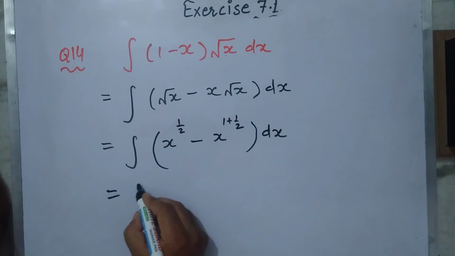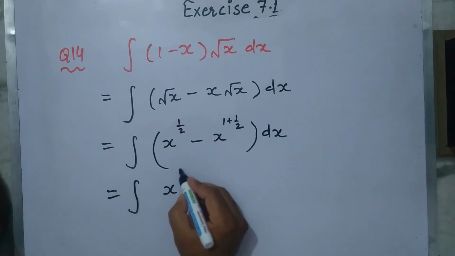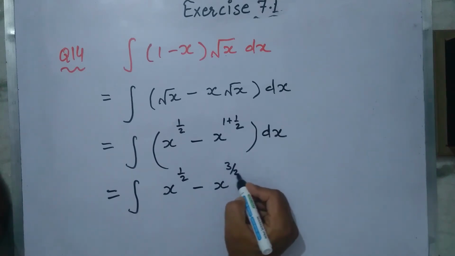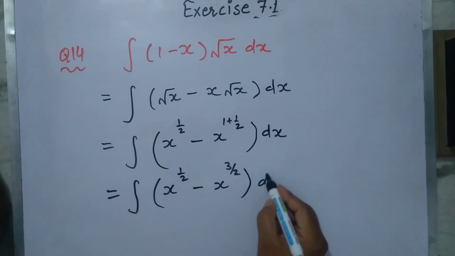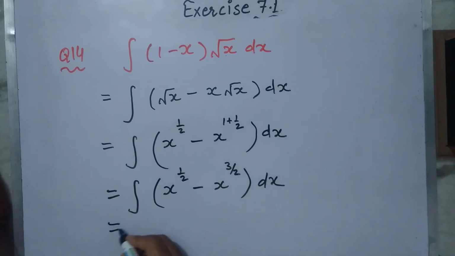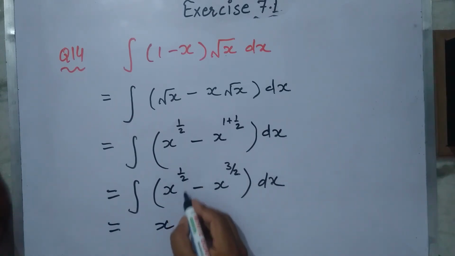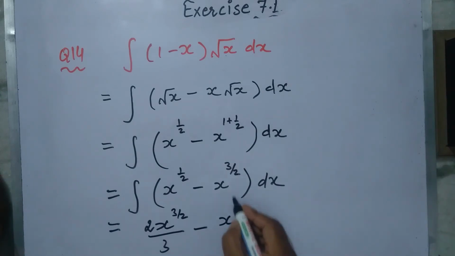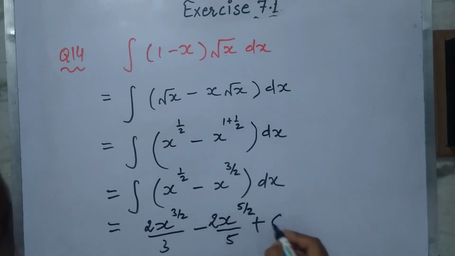So this is equal to integration of x^(1/2) minus x^(3/2) dx. So we can solve this way: x raised to power 1/2 plus 1, that is 3/2, whole divided by 3/2, minus x raised to power 3/2 plus 1, that is 5/2, whole divided by 5 upon 2, plus c, the constant of integration.